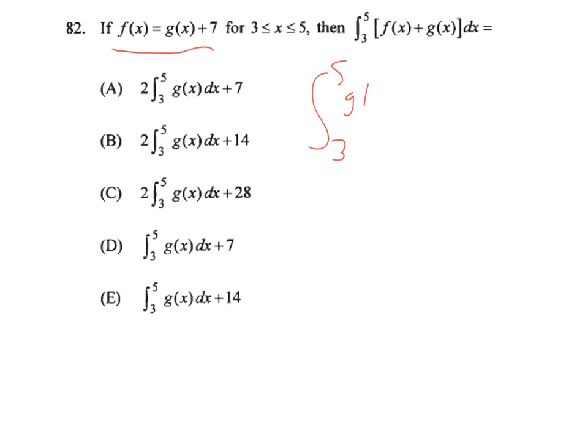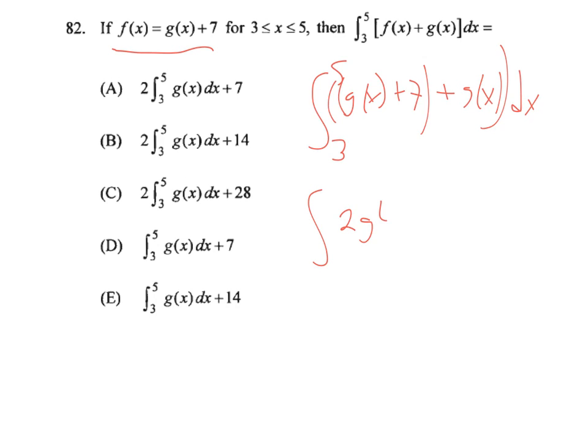Well, f of x is g of x plus 7, and then plus g of x, and then it's dx. So that will simplify to 2g of x plus 7 dx, from 3 to 5.